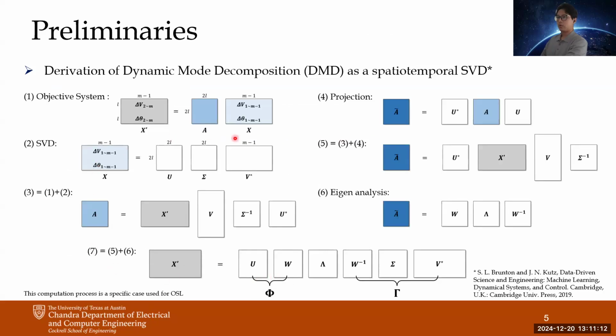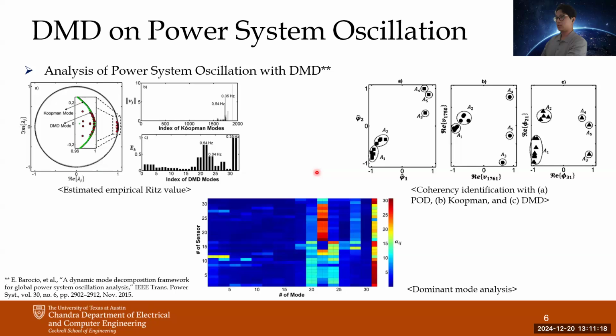So you can check the overall process of the DMD computation from these graphics. And based on the characteristics of this DMD, there was previous research to analyze power system oscillation. In this left figure, this previous work used the eigenvalue to find out the dominant mode and the corresponding dominant frequency of the oscillation.